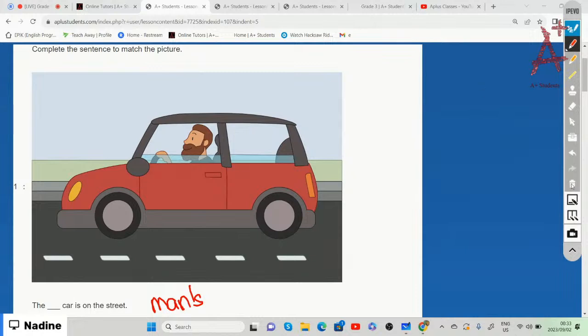This thing is stuck, and it's still stuck on the man's car is on the street.